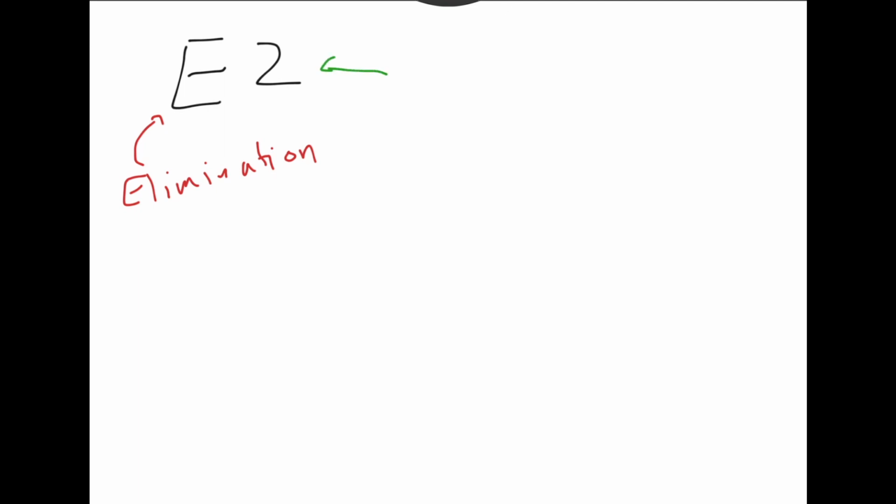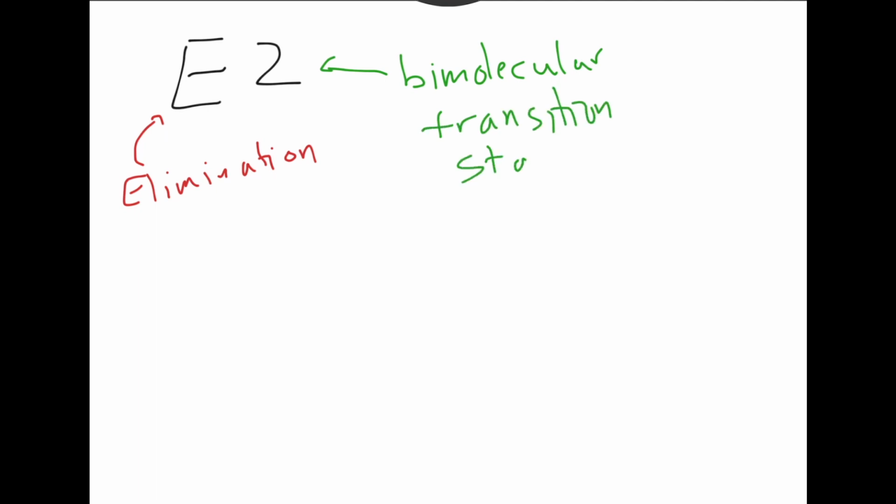And the 2 is because you have a bimolecular transition state. In the transition state, both the alkyl halide, or the thing that has your leaving group, and the base are present in the rate law, just like the Sn2 reaction.